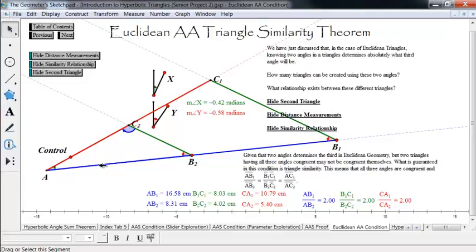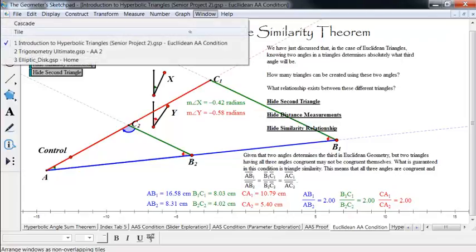We define two triangles to be similar if and only if all the corresponding angles are congruent and the sides are proportional. By proportional I mean that when we do the ratio of corresponding sides, we get the same number. That's the size factor of our size transformation, or our proportionality constant.